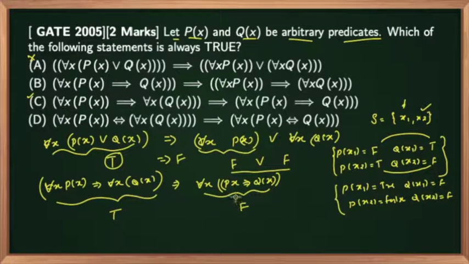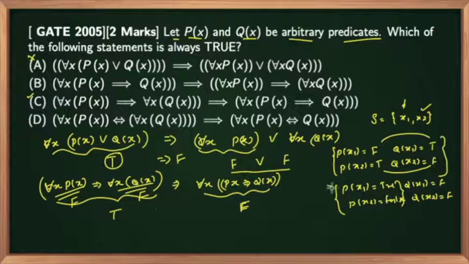Okay. Now I know that for all x, p of x implies q of x will be false, right? Also, I know that for all x, p of x will be false because I have assigned p of x2 is equal to false, right? So for all x, p of x will be false. False implies false is true.